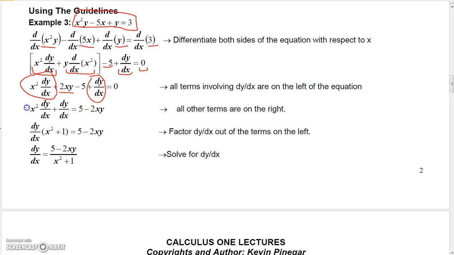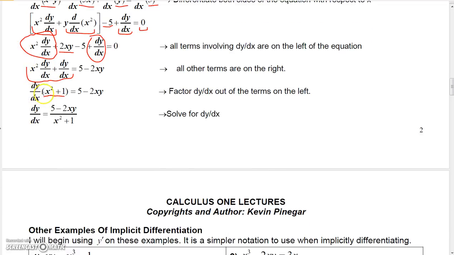What that allows me to do is take these two terms and factor out the dy over dx. So if I factor the dy over dx out of this term, I get x squared. And if I factor it out of the second term, I just get 1. And now, if I divide both sides by x squared plus 1, I get that dy over dx, the derivative of y with respect to x, is 5 minus 2xy over x squared plus 1.